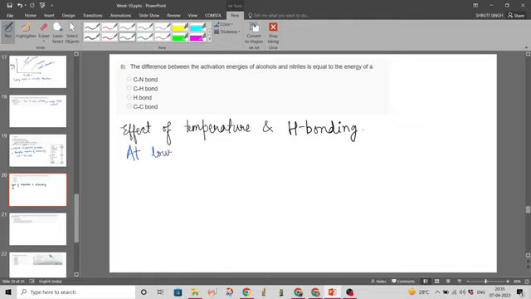At lower temperature, polarity is more. Why? Because there will be directionality. At higher temperature, the dipoles are rotating very randomly, so the polarity decreases. At lower temperature, polarity is more.